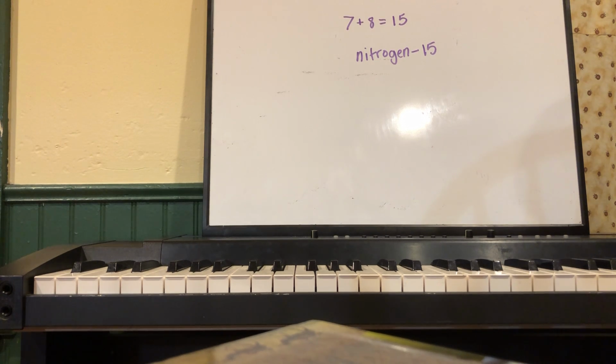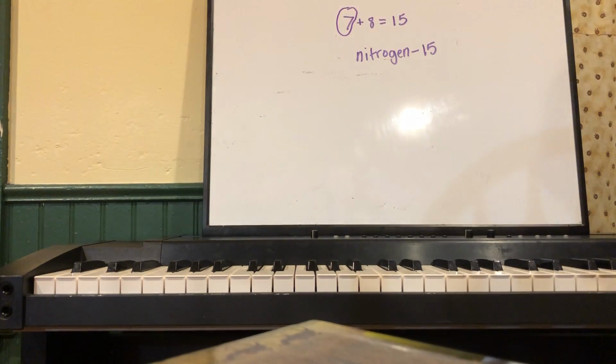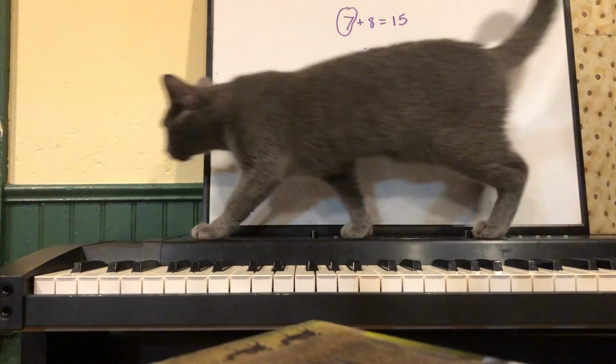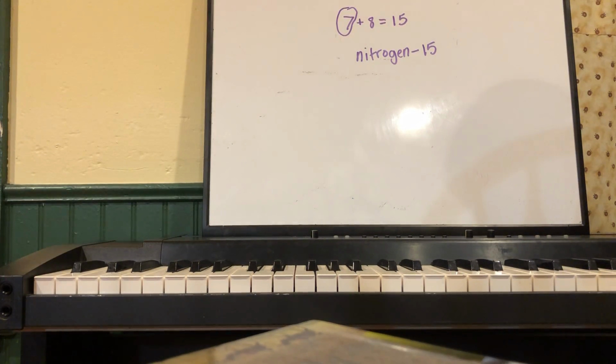So what we need to do is look down this list and find another one with the same number of protons. There were 7 protons, so we need to find another one that has 7 protons. So the first one, letter A, says 5 protons, 5 electrons, and 10 neutrons. Nope, that's not going to be an isotope because it doesn't have the right number of protons.